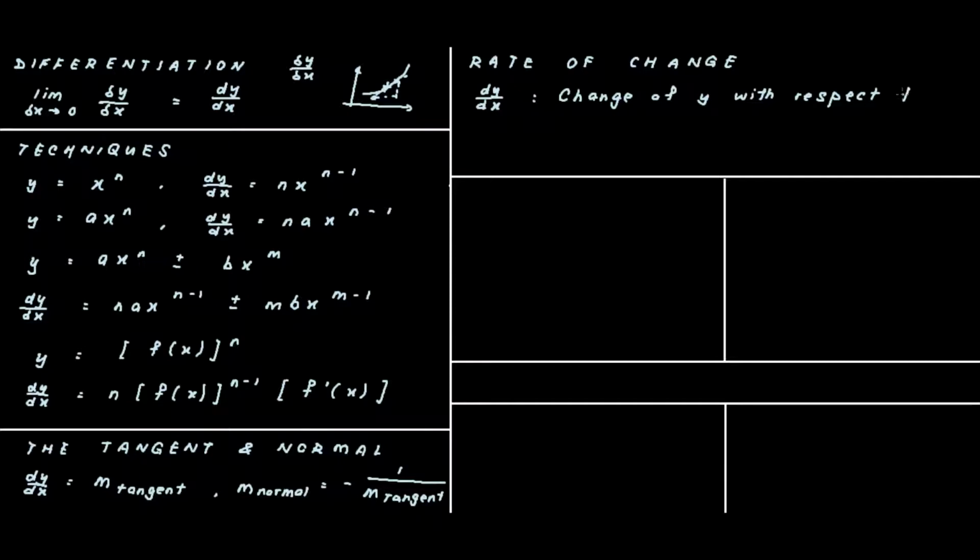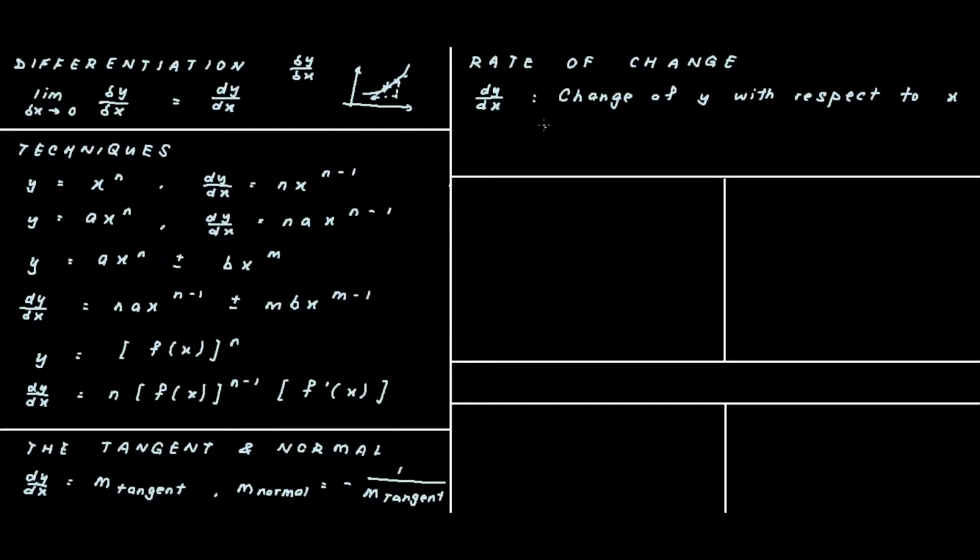So if we say that dy dx is equal to negative 5, it actually means that y decreases 5 units for every unit increase in x. So when x increases 1 unit, y will decrease 5 units. Okay, so that's the idea.